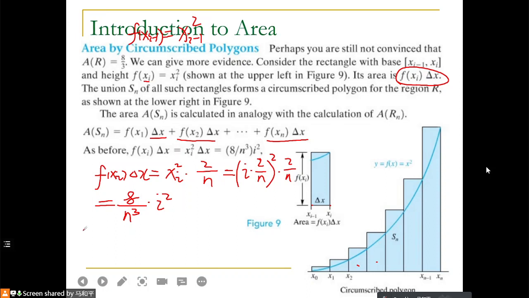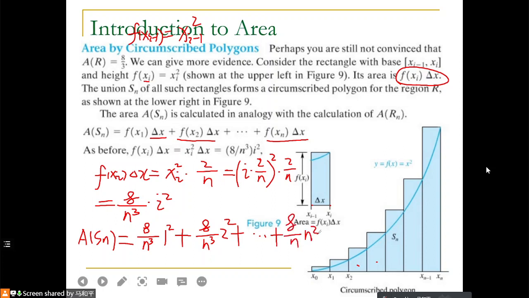And then we have ASN. ASN is equal to f of x1 delta x. This means i is 1. So it's 8 over n cubed times 1 square plus 8 over n cubed times 2 square plus, the last one is 8 over n cubed times n square, where x i is n.